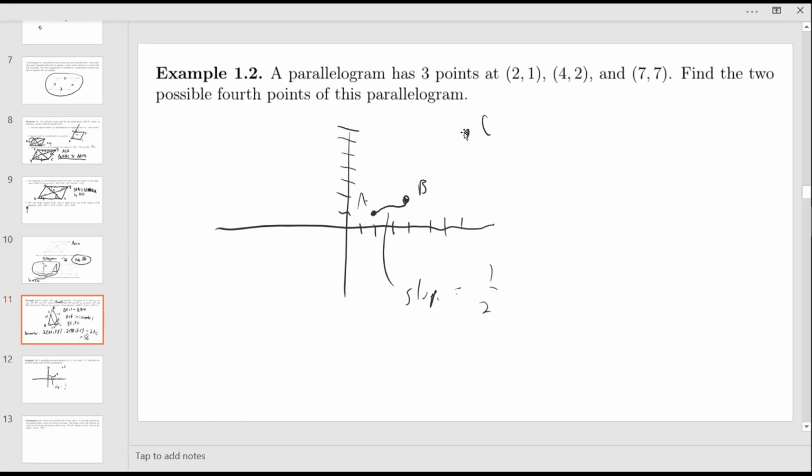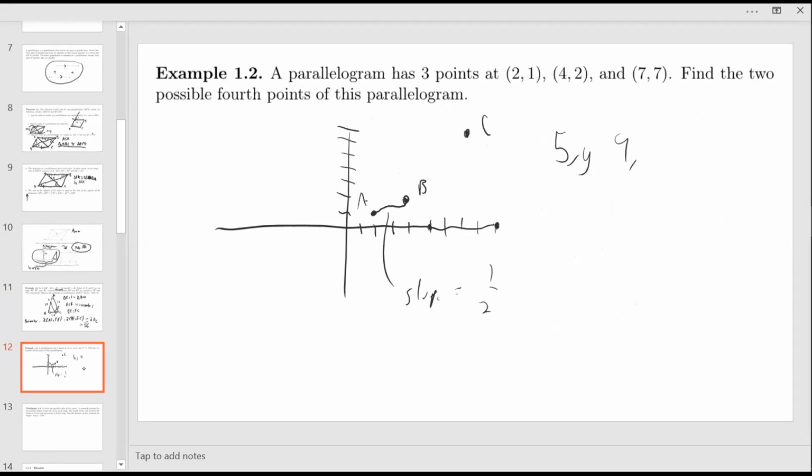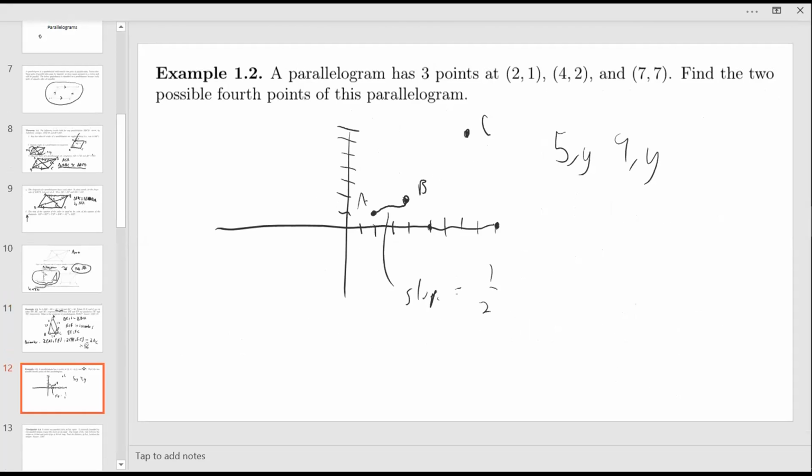Now, CD also must have this same slope. So D must have x coordinate either 5 or 9, because the line between A and B has a run of 2, and we want to find the y coordinates such that the line between C and each of these has slope 1/2.